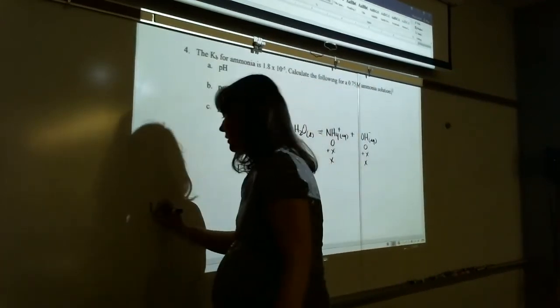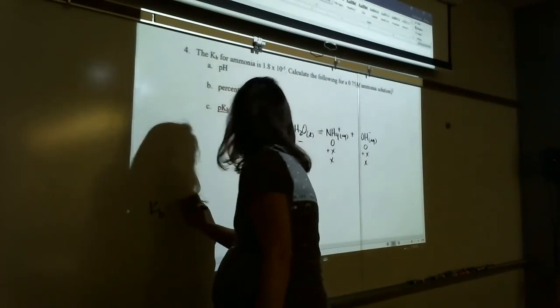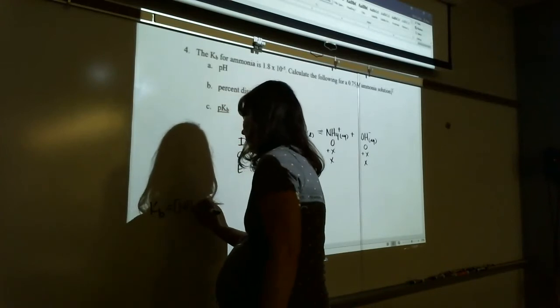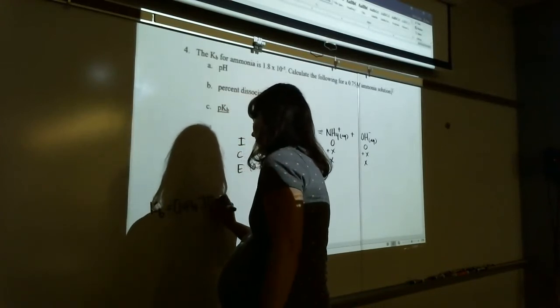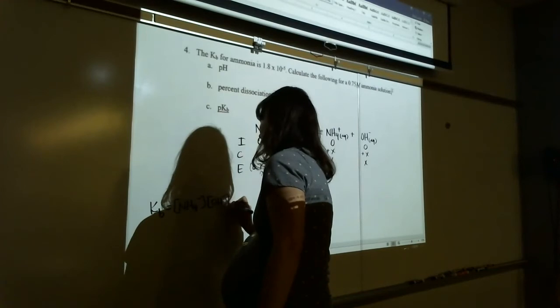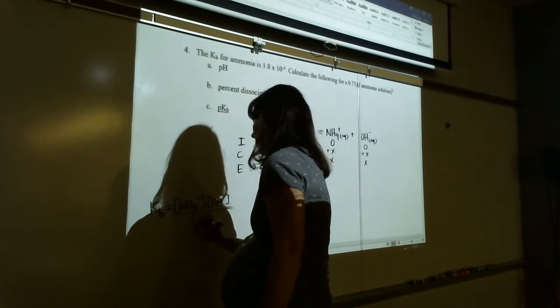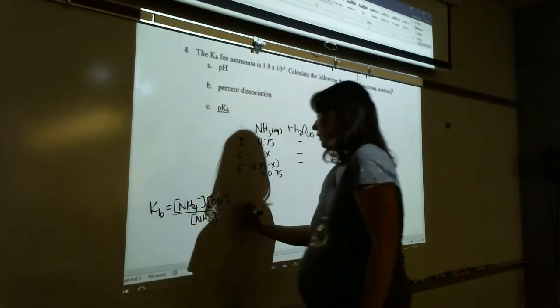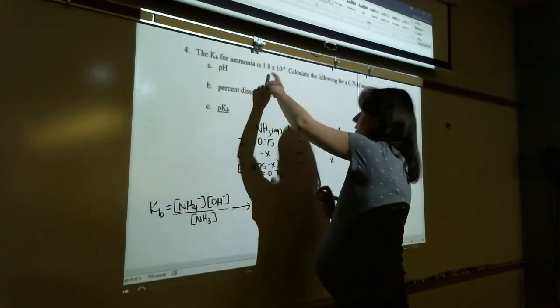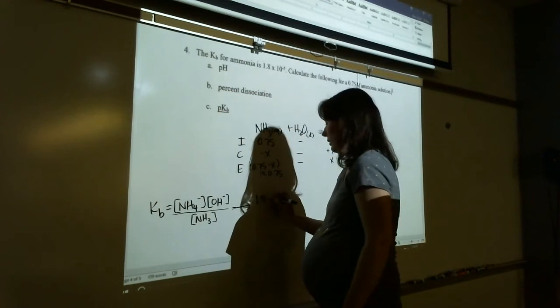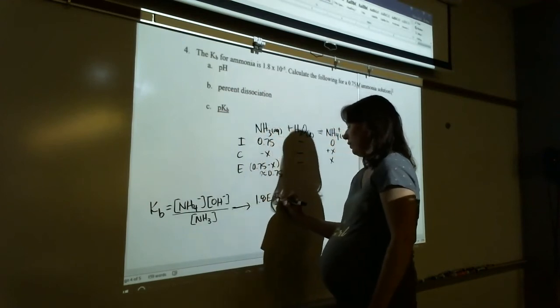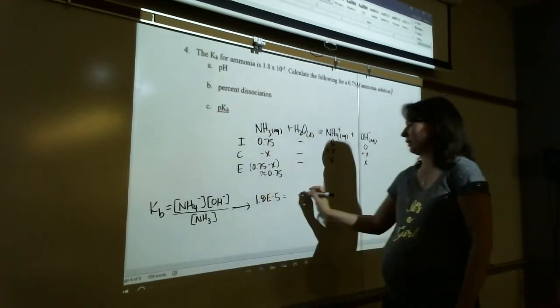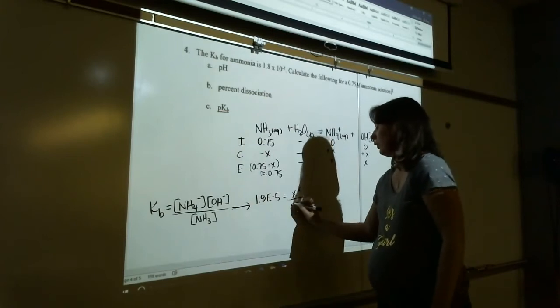So Kb would be ammonium times hydroxide over ammonia. So when I plug in my Kb value, 1.8 times 10 to the negative fifth is equal to X times X, is X squared over 0.75.